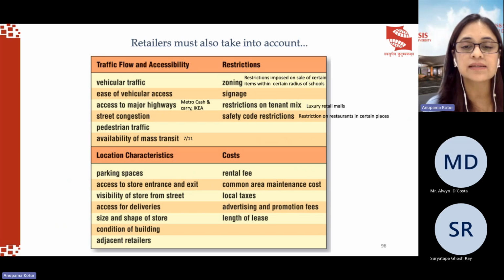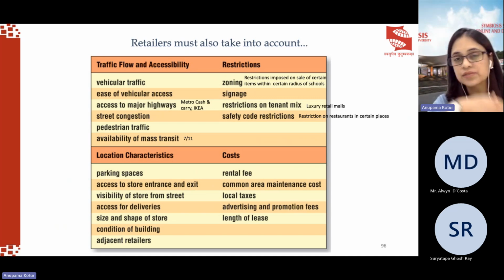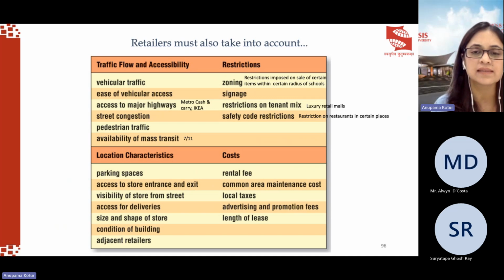And signage-related restrictions: there are some locations where you cannot have any big billboards or signages that announce your store. Even in Pune, there are a lot of these residential areas where earlier, of course, you couldn't open a commercial setup, but these days one is allowed to open a commercial setup or a shop or something like that, but they are not really allowed to have these huge billboards and things like that.